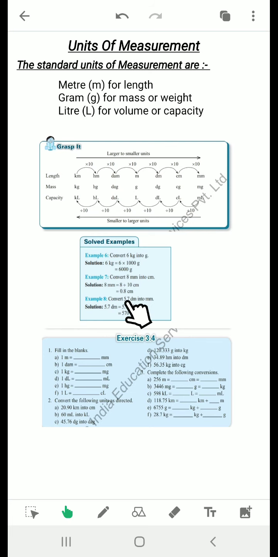Now convert 5.7 decimeter into mm. Dear students, no need to be confused between dm and dam. One unit is dm, one more unit is dam. Whenever it is dam, it will be decameter, decagram or decaliter. If it is dm, then it will be decimeter, decigram or deciliter.